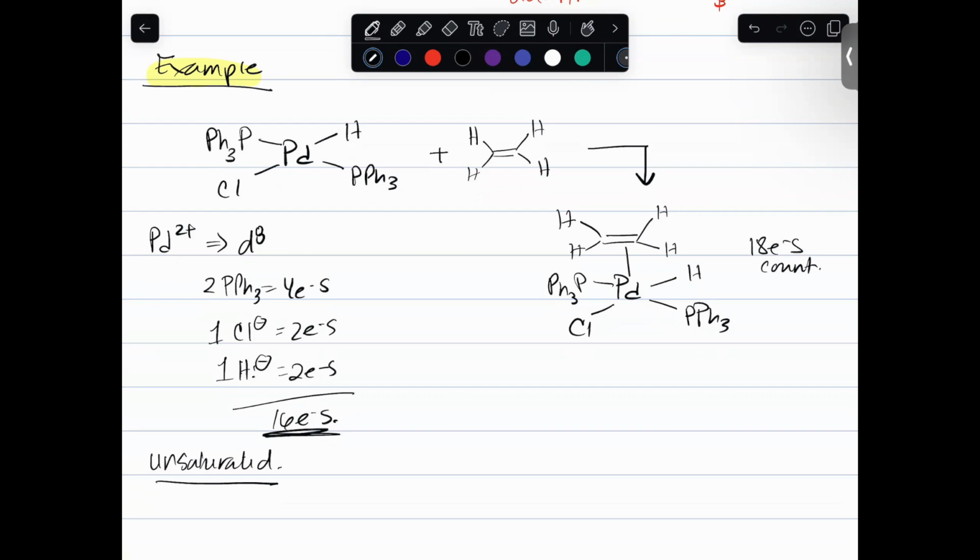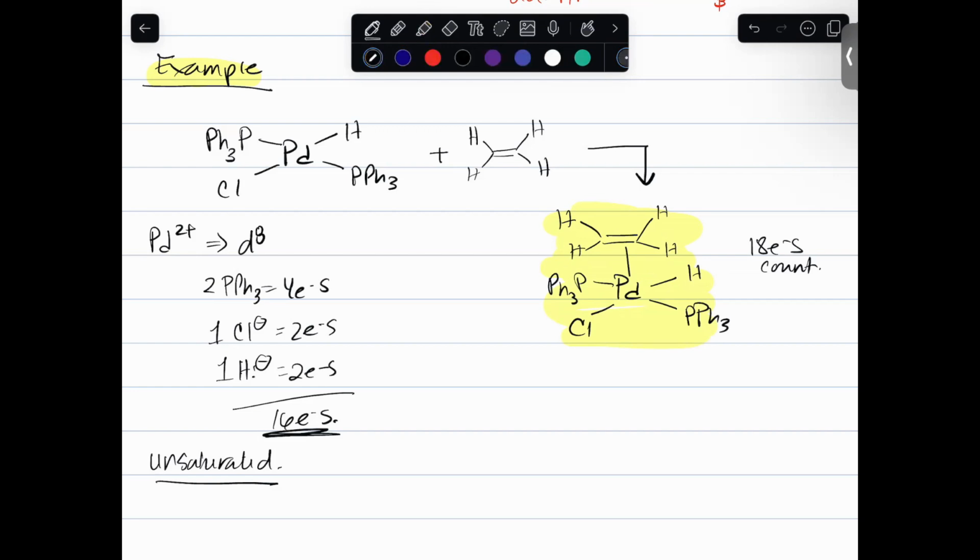So this is saturated. Nothing else can be added to the system. Okay. You can't bring in any more alkenes. If it does do any chemistry, it has to be all within the system because there's nothing else that you can add to this.